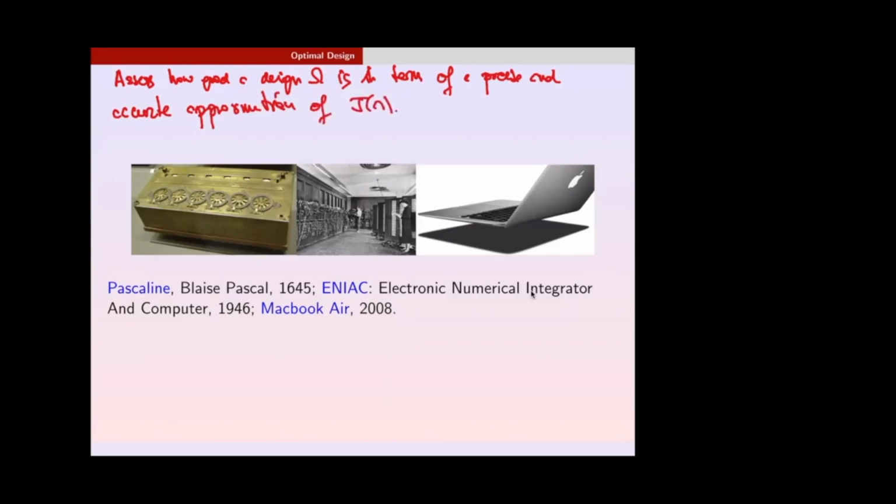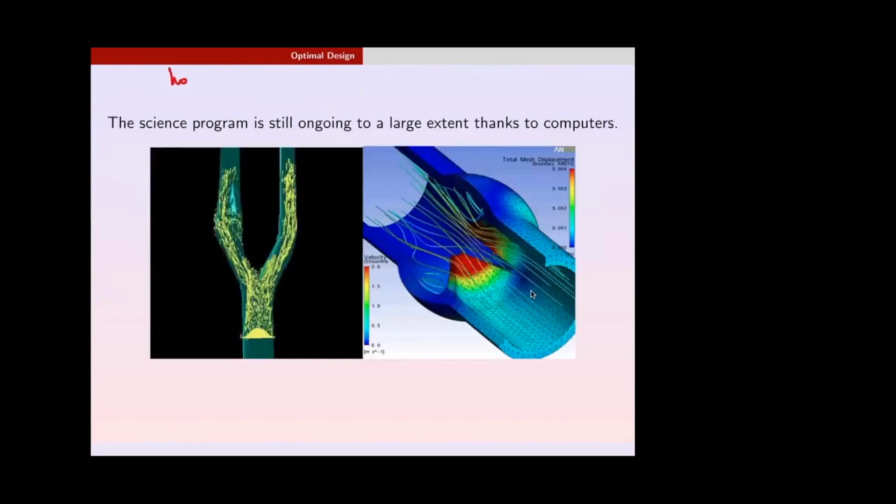And then once you know what the value of j omega is, you can decide whether the design you have is good enough, or whether you need to improve the design to get a new one. This is the key. Computational mathematics is the key.